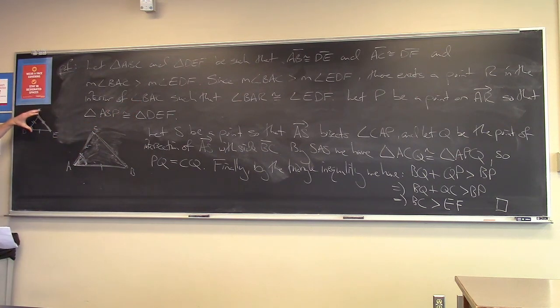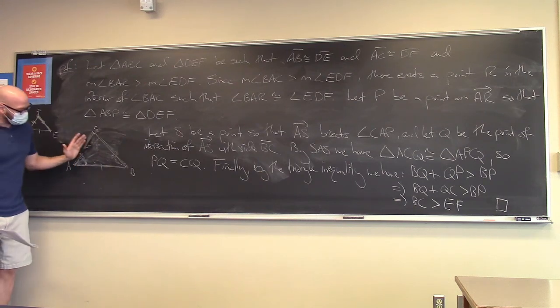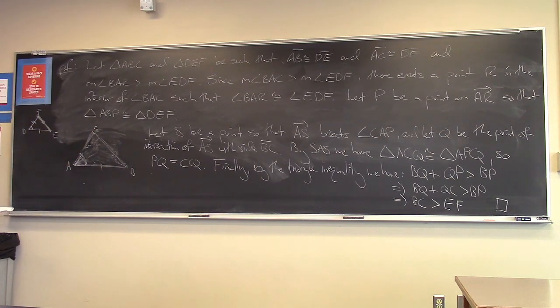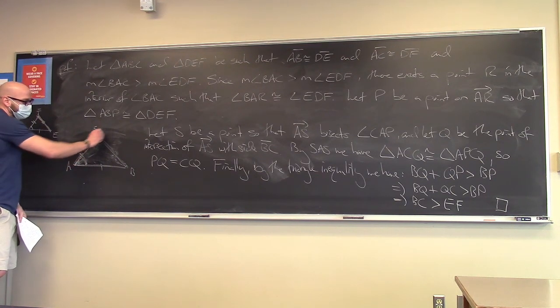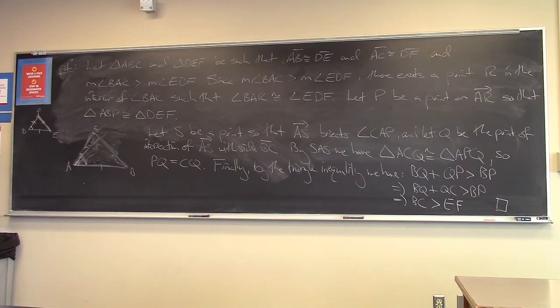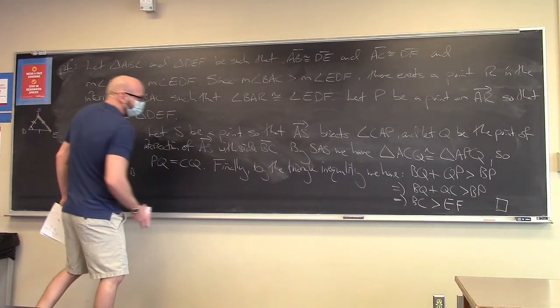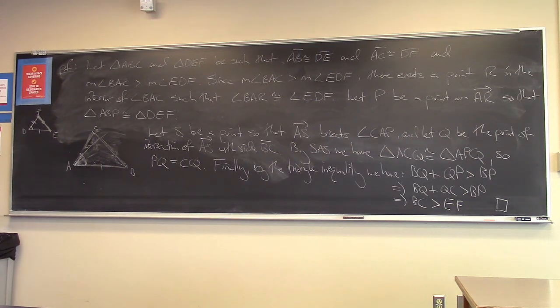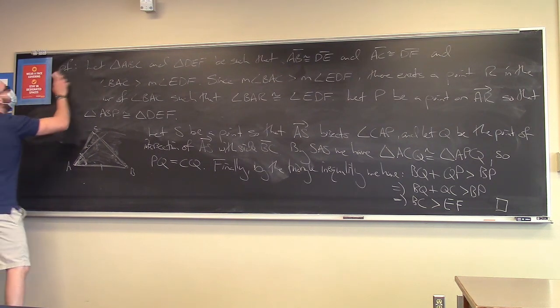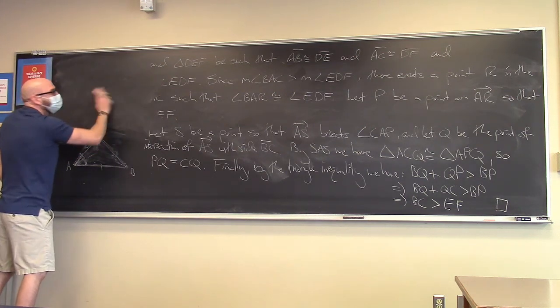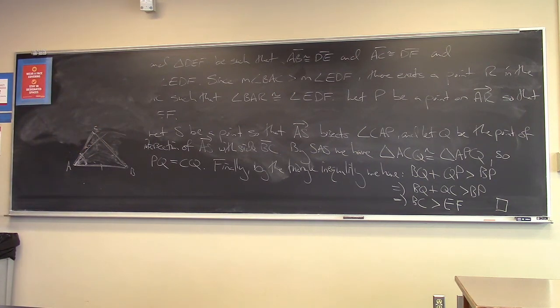Again, we just sort of took the smaller one, built a copy on the inside, and then realized we have to be a little bit more clever to get our triangle inequality to work for us by bisecting this angle. But it's fairly sleek, I think. Any questions? Okay.